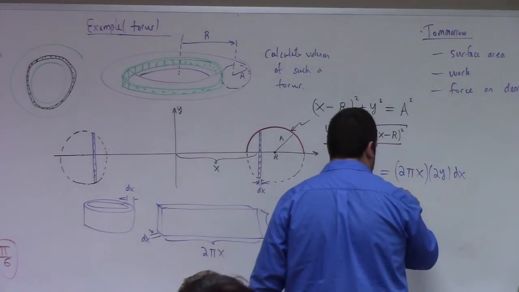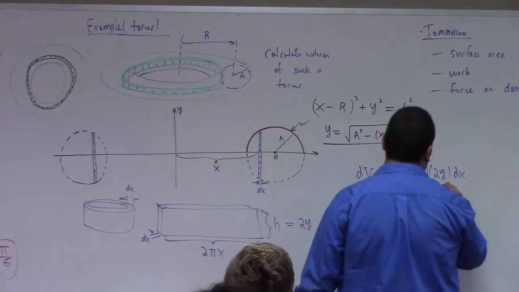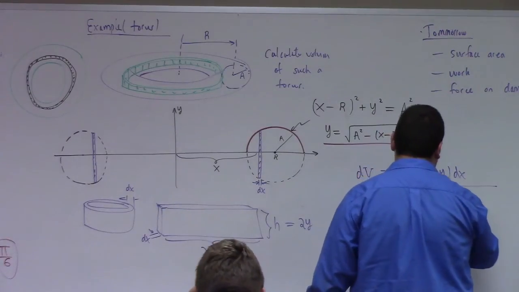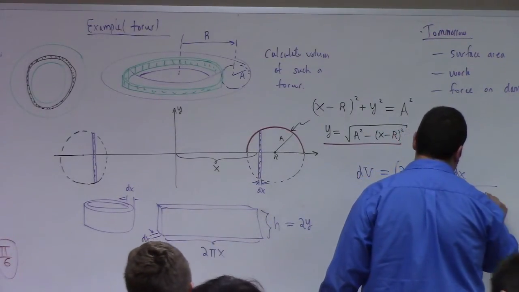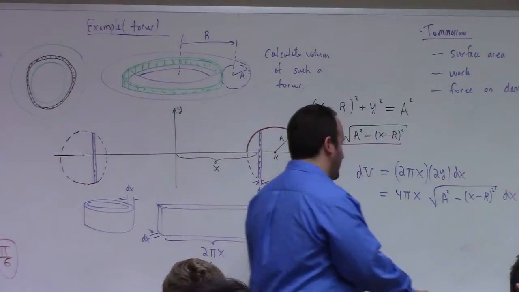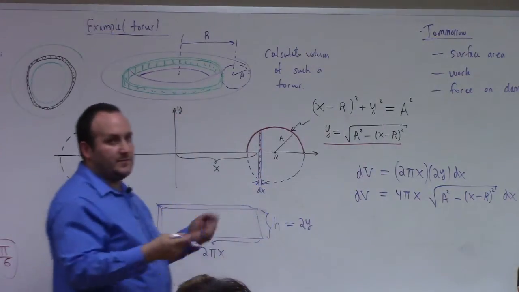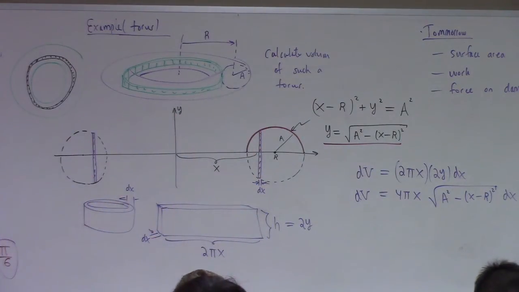That's 4 pi x times the square root of a squared minus quantity x minus r squared, dx. There's your infinitesimal volume. That's the volume of a typical approximating cylindrical shell.